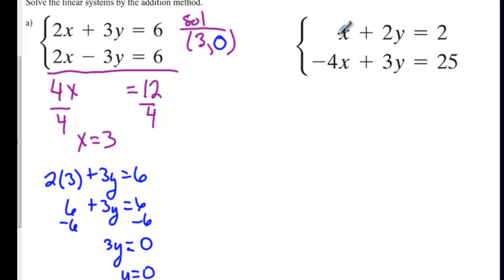So I'm going to take this top equation and multiply it by 4. Whenever I do that, I get 4x plus 8y equals 8. You've got to multiply all pieces by that 4. Then I'm just going to rewrite the second equation right underneath. I'm not going to change it.